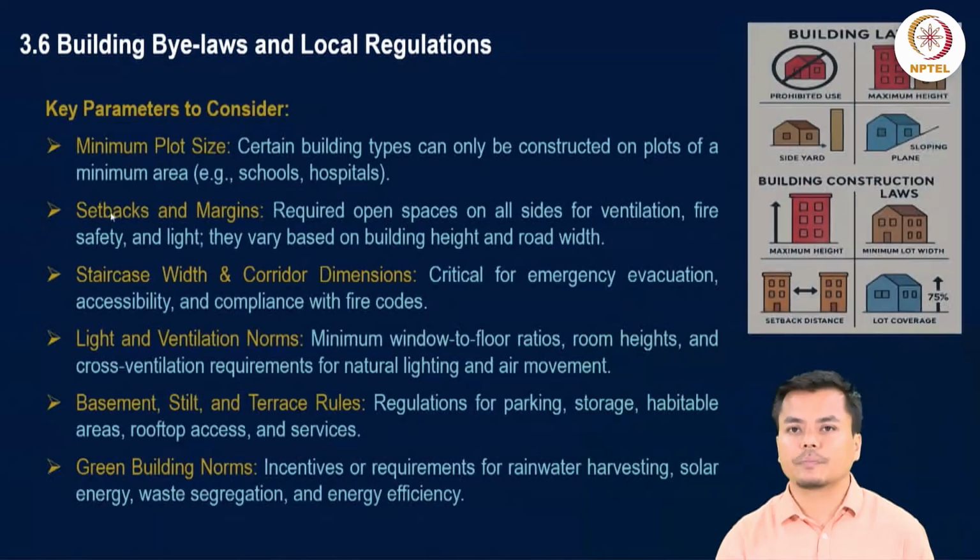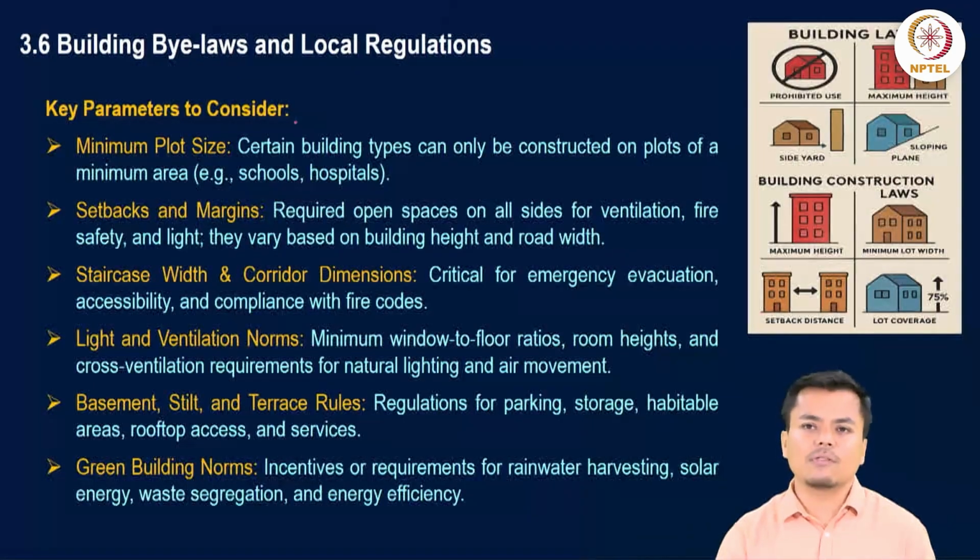The key parameters to consider are the minimum plot size for the respective project, setbacks and margins, staircase width and corridor dimension, light and ventilation norms, basement, stilt and terrace rules, and then the green building norms if applicable for the project.